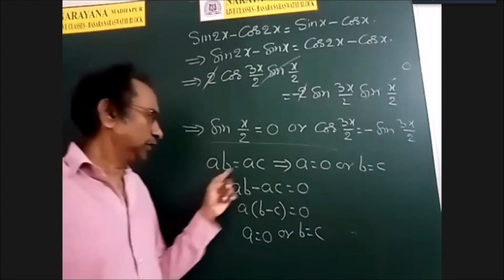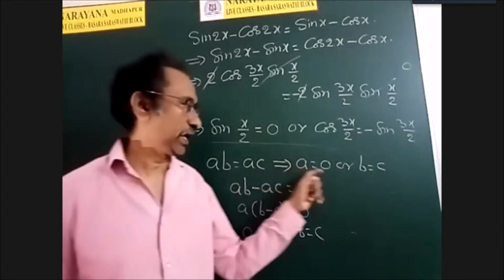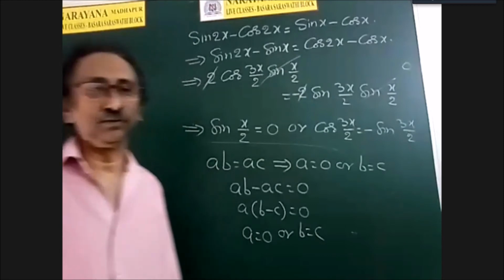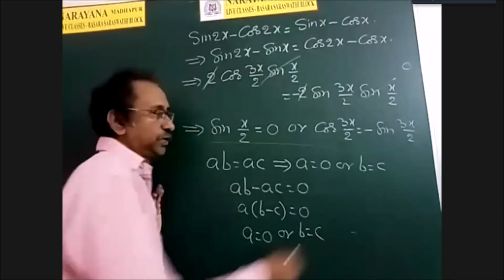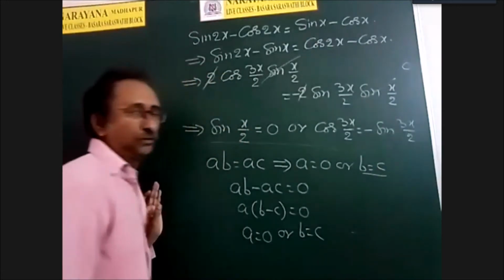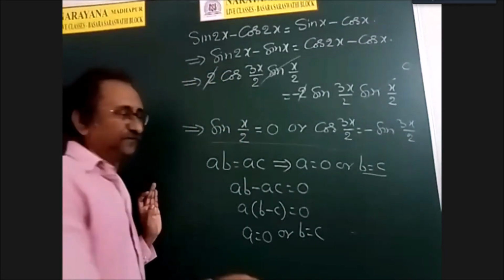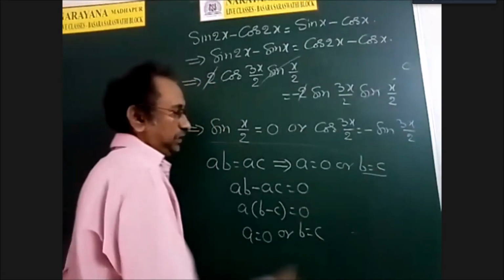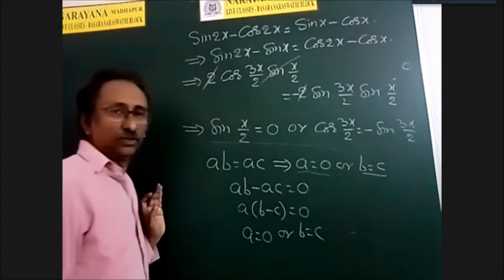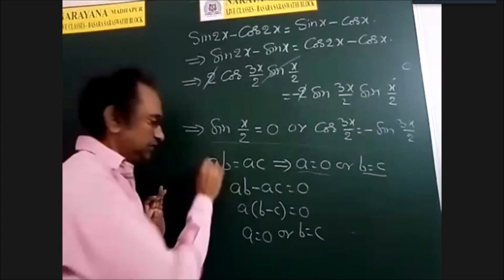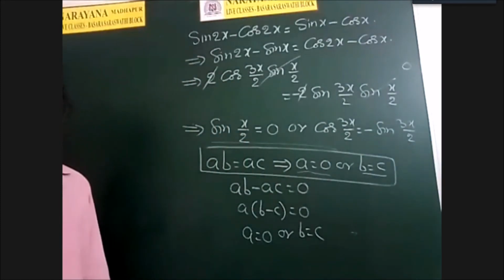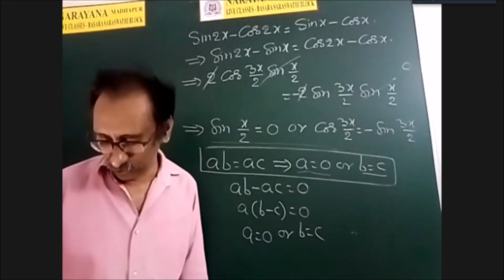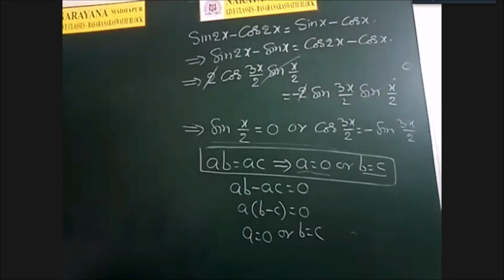Therefore, whenever you see this, you have to write A is equal to 0 or B is equal to C. Suppose you definitely know that A is not equal to 0, then only you write B is equal to C. Suppose you definitely know that B is not equal to C, then you write A is equal to 0. But this is the general statement you have to write: AB is equal to AC implies either A is equal to 0 or B is equal to C.